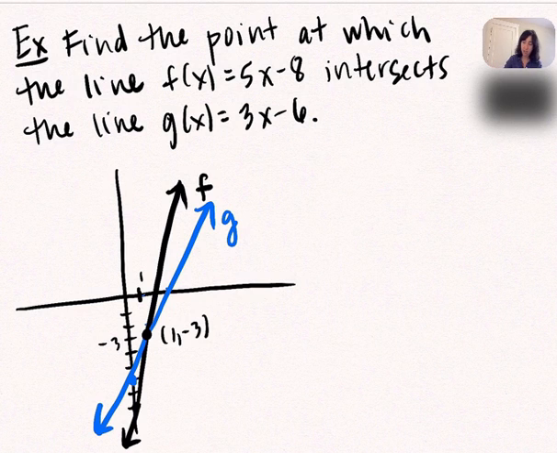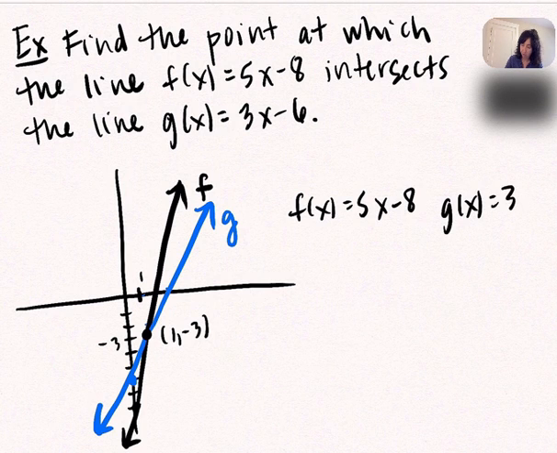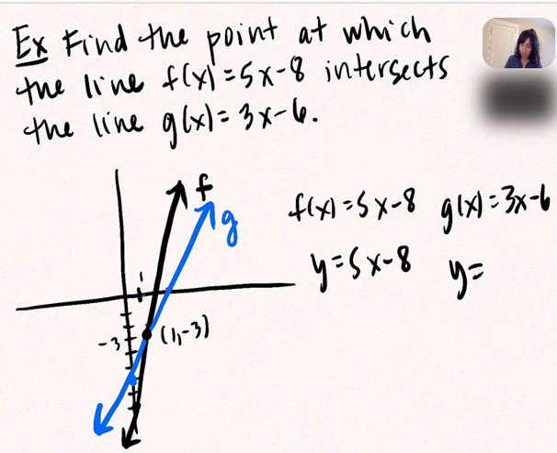You can actually take each equation. One of them is f of x equals 5x minus 8, and one of them is g of x equals 3x minus 6. I prefer them to be in y equals form, so if you write it as y equals 5x minus 8 and y equals 3x minus 6, it's nicer.